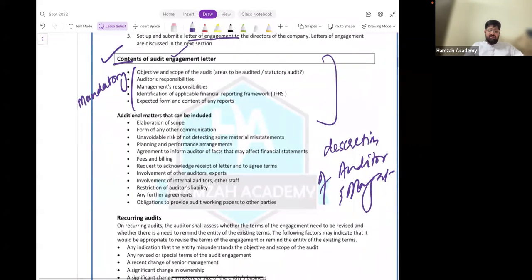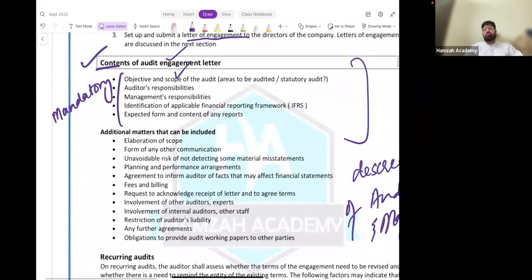So for example, what is the objective and scope of the audit? What is the purpose? Is it an audit required by law? What are the areas to be audited? What are the items to be audited by the auditor? What are the auditor's responsibilities and the management's responsibilities? What is the relevant IFRS? What will be the content and format of any reports to be issued by the auditor?